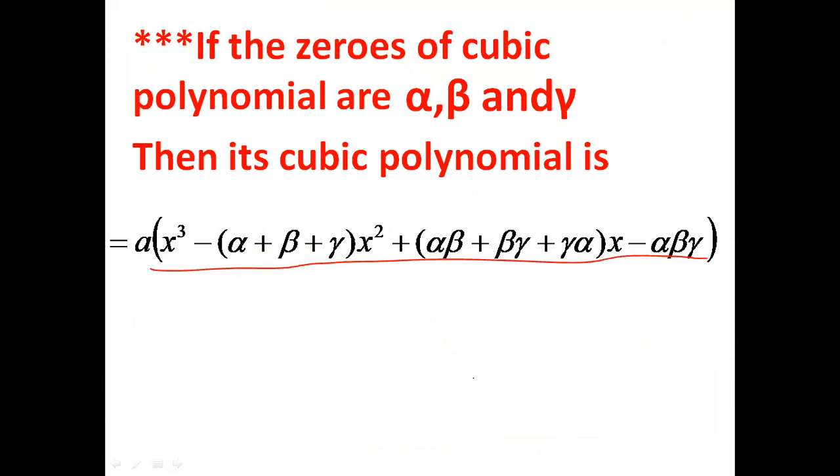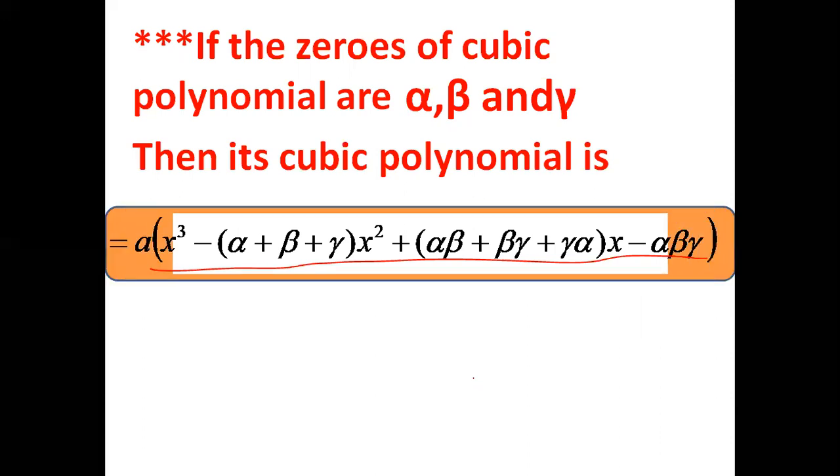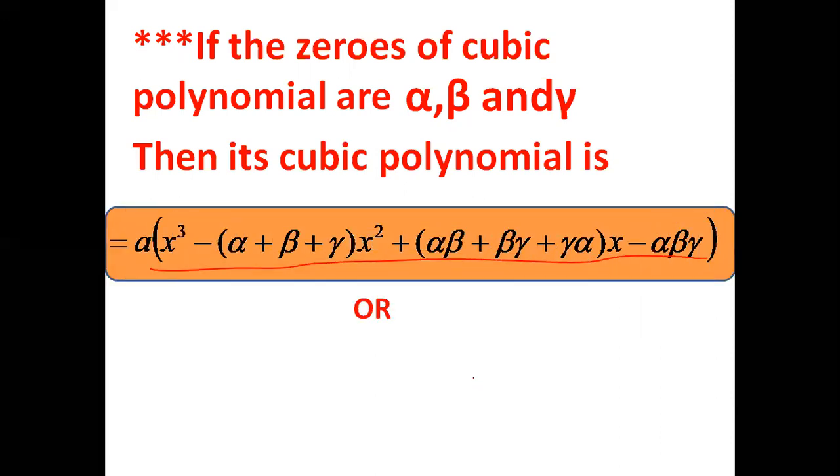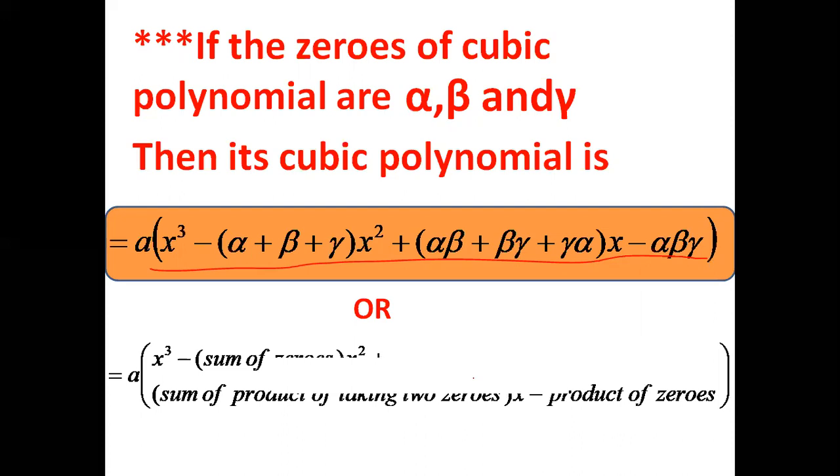Or this formula can be remembered as a into x cube minus, here alpha plus beta plus gamma means sum of zeros.